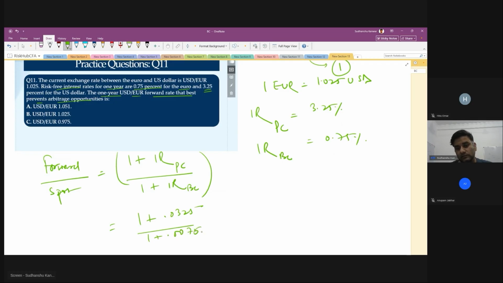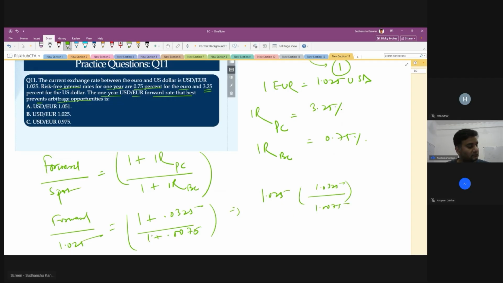And forward we have to find out. Spot is given to you as 1.025. So it boils down to 1.025 times 1.0325 divided by 1.0075.